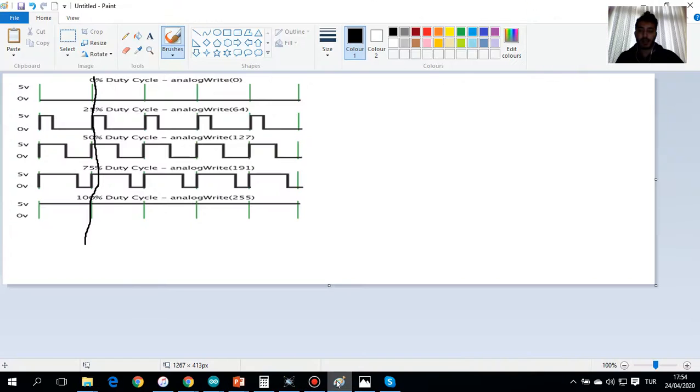Let's go back to Paint here and make a simple map. We already know that 100% duty cycle is represented with 255. In this case I'm going to choose the specific duty cycle that I am looking for. Let's say 20. To have 20, what value do I need?